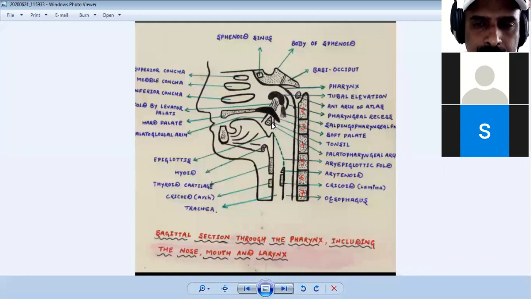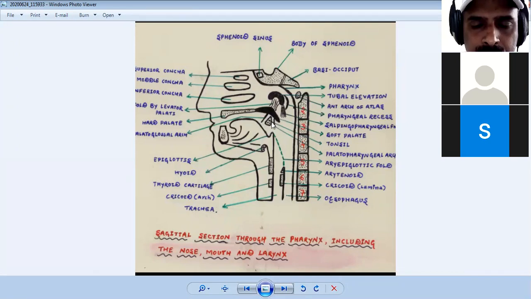The tonsillar artery supplies the blood, and the tonsillar vein provides the venous drainage. As it is a lymphatic aggregation, there is no specific lymphatic drainage, as it is a lymphatic organ. Then we have the applied anatomy, like tonsillitis: inflammation of the palatine tonsil we call tonsillitis.